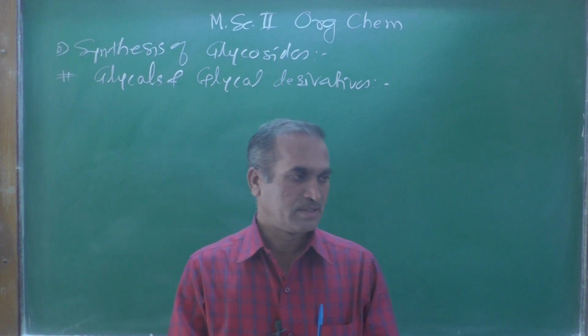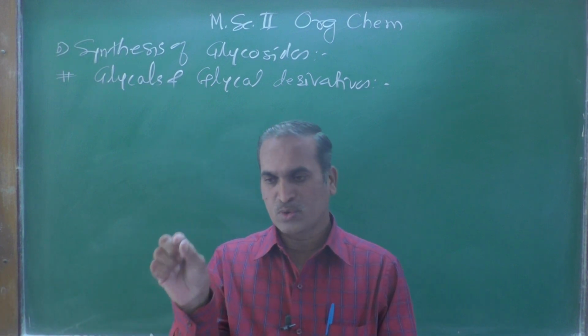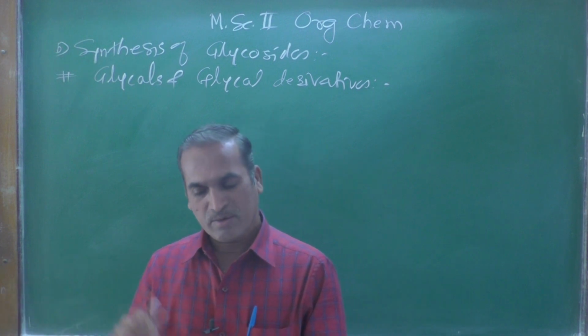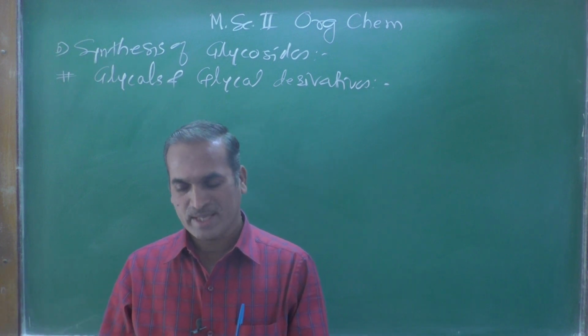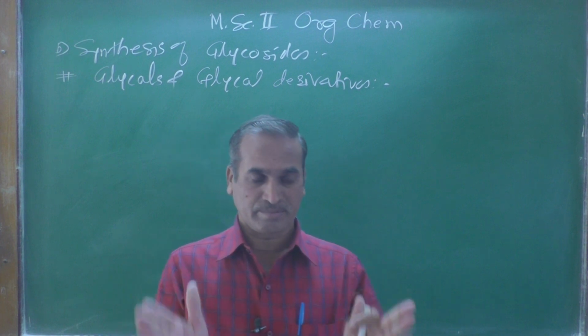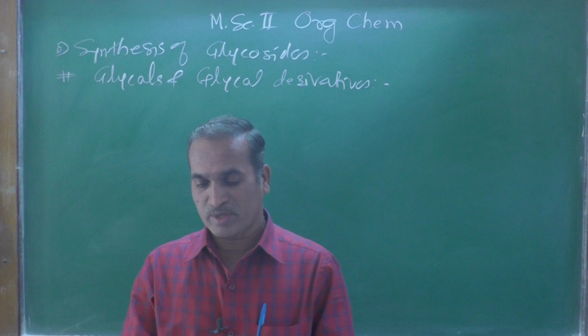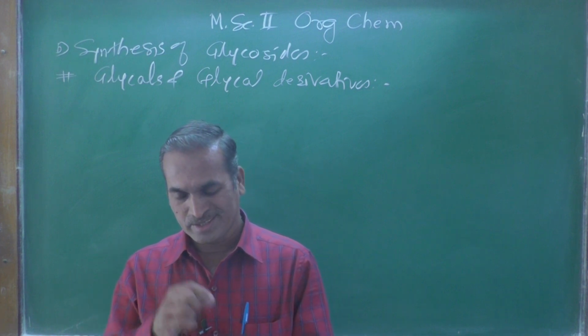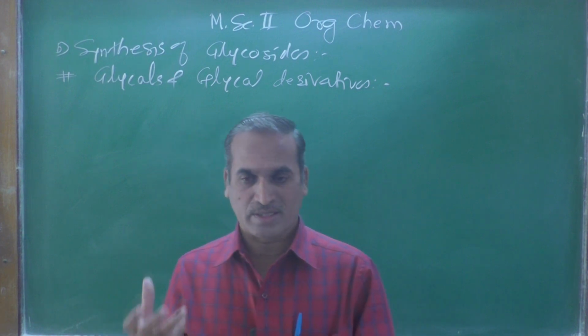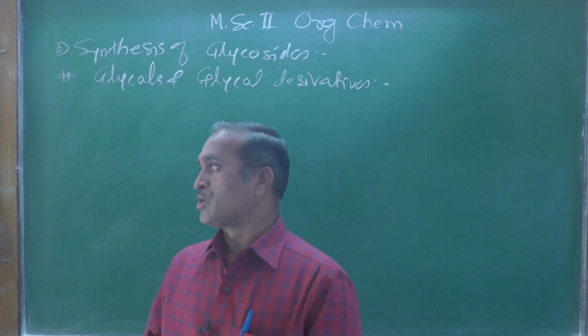Number 1 is monosaccharide, oligosaccharide and polysaccharides. These are the main classification, and among that, what we are talking about here is point B, that is glycosidic synthesis.